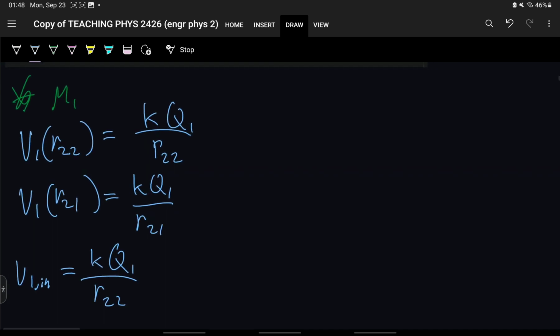Now let's look at the electric potential due to M2. The potential at the radius R2,2 due to M2 is going to be V2 out, equal to k times capital Q2 all divided by R2,2.